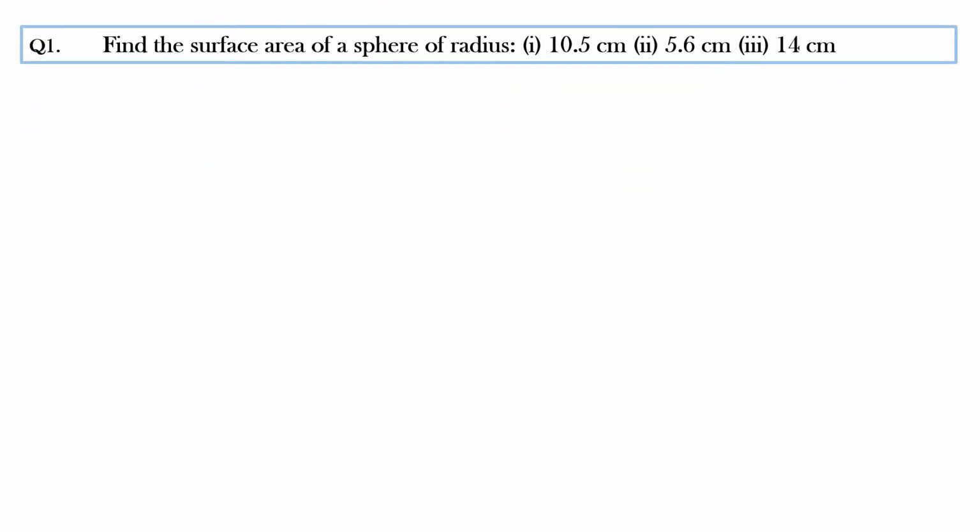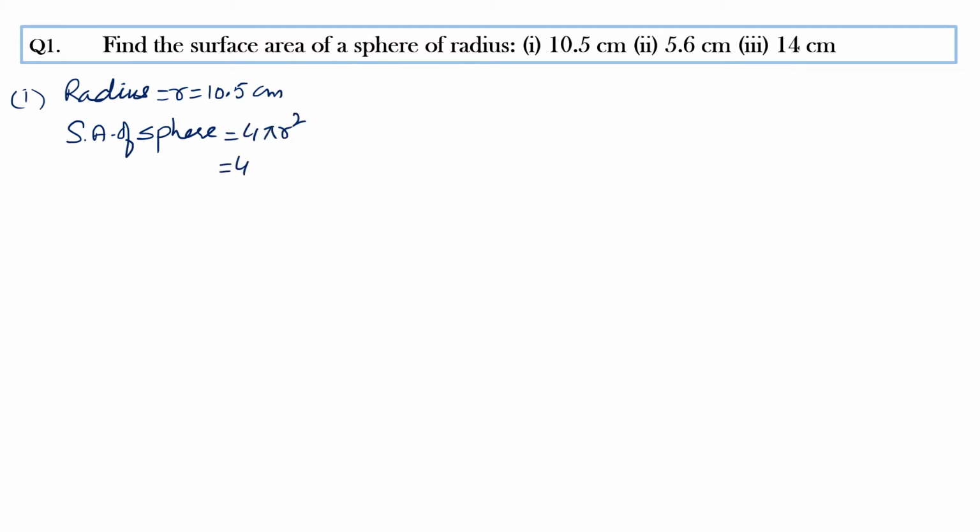Question number 1 is find the surface area of sphere of radius. Now there are three parts, so one by one I'll do each part. The radius for first part is r equal to 10.5 centimeter. So surface area of sphere is 4 pi r square.